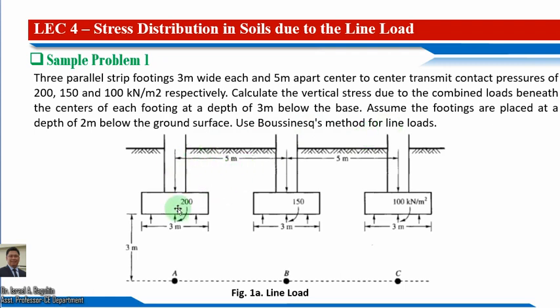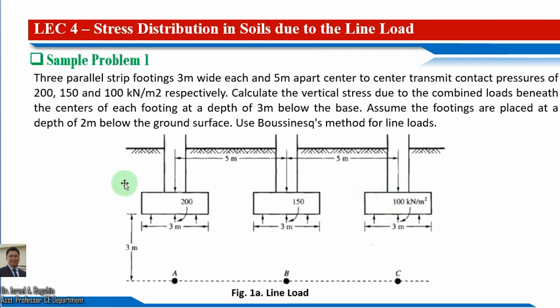As you can see in the figure, we have this uniform pressure for our first footing at 200 kilopascal. For the second it is 150, and for the third footing it is 100 kilopascal. Take note that the footings are placed at a depth of 2 meters, from here until here, this 2 meters depth, and the same also for the second footing and the third.